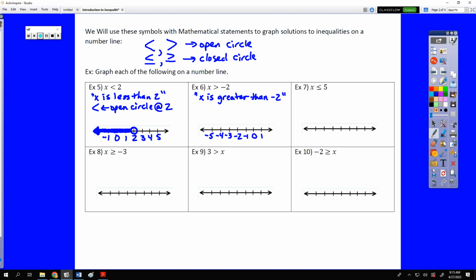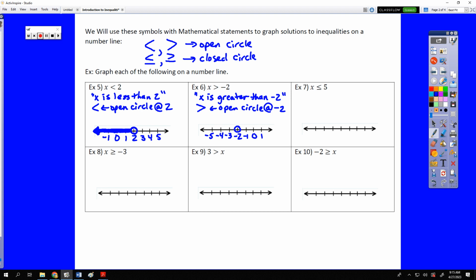Now, this is a greater than symbol. It does not have the or equal to line, right? If there's no line, that is an open circle. And we're going to put that open circle at negative 2. So again, we circle negative 2 on our number line.